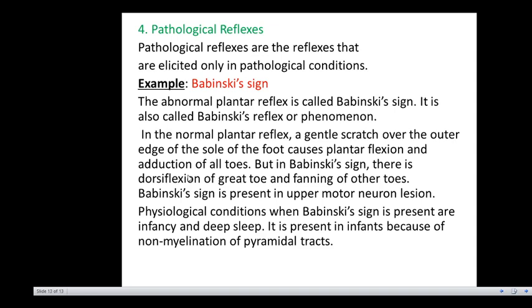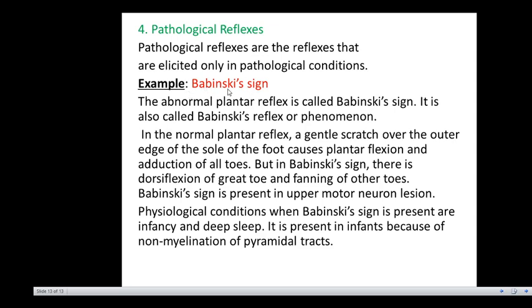Number four, pathological reflexes. Pathological reflexes are the reflexes that are elicited only in disease conditions or pathological conditions. Pathology means abnormal conditions. Example for pathological reflex, Babinski sign.